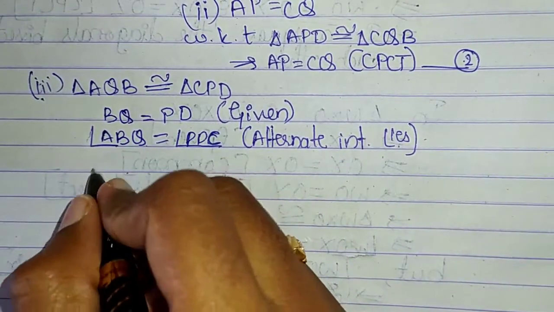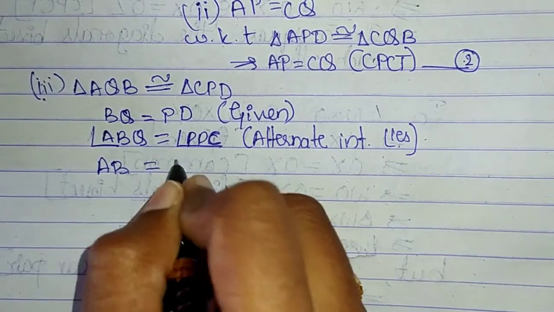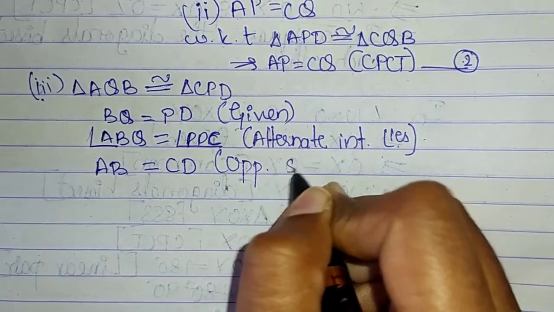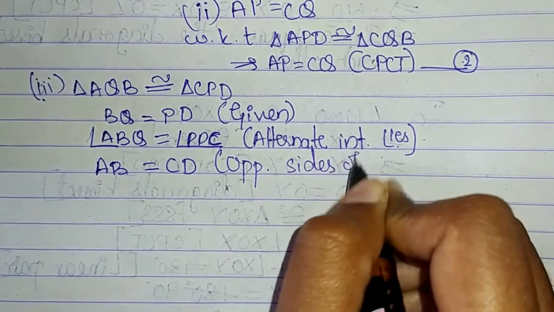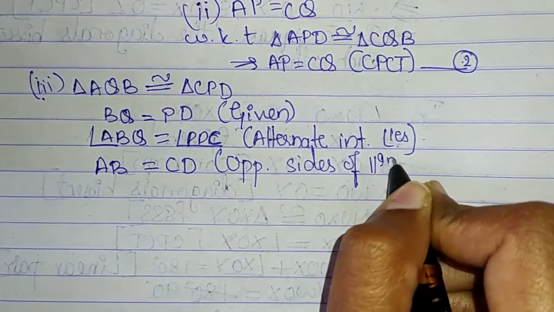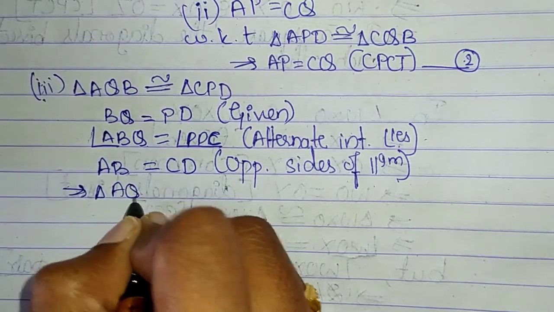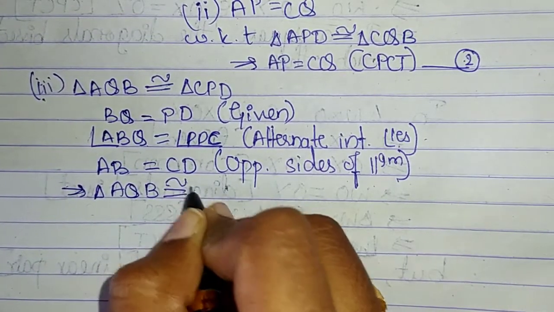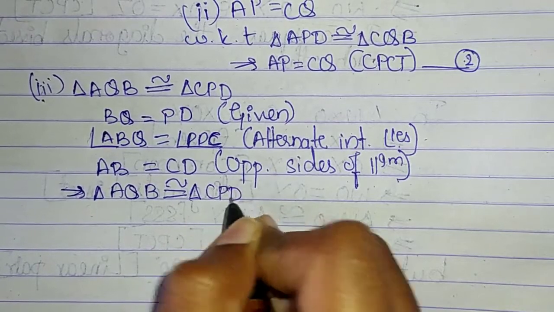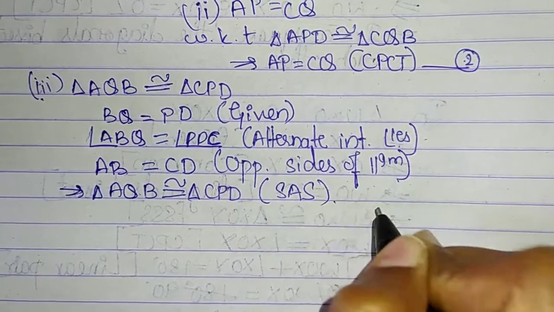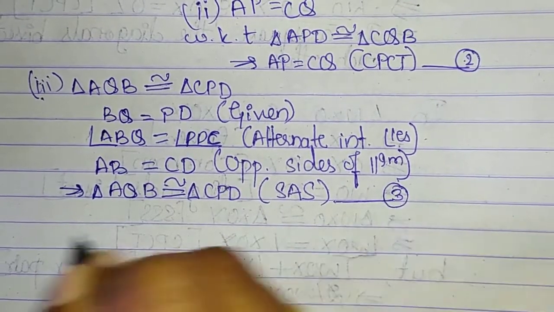And lastly we have AB is equal to CD because they are opposite sides of parallelogram. So this implies triangle AQB is congruent to triangle CPD by SAS postulate. Name this as result 3.